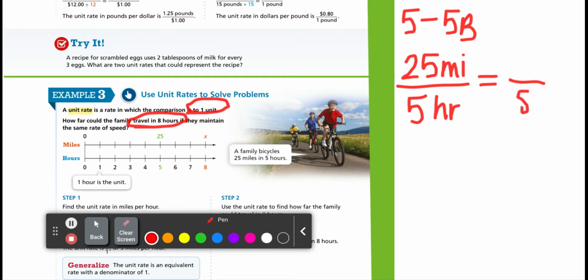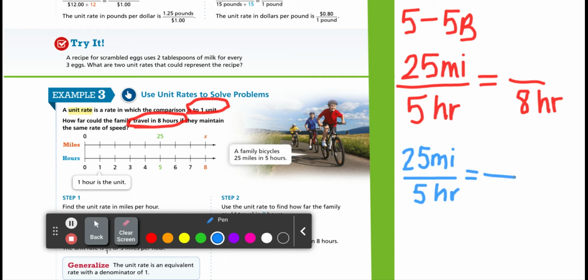I'm going to have to put the 8 hours on the bottom because hours and hours have to be in the same spot. So now in order to find this using unit rate, we have to figure out how many miles the family can ride in 1 hour. So if we have 25 miles in 5 hours, we have to figure out how far can the family ride in 1 hour.